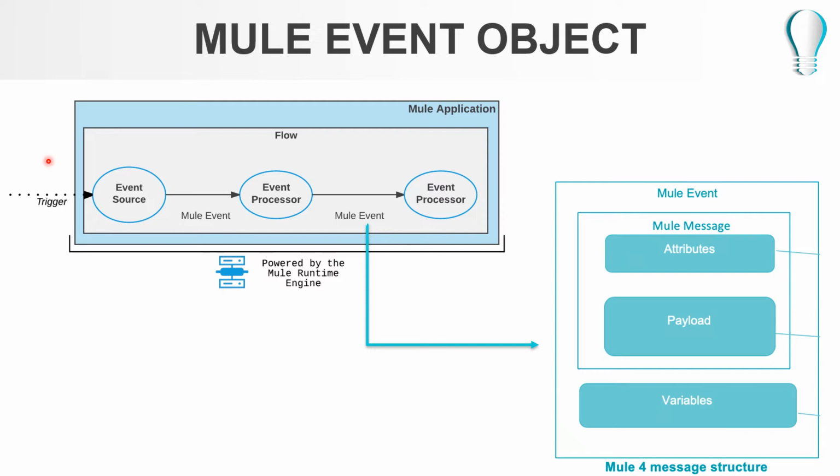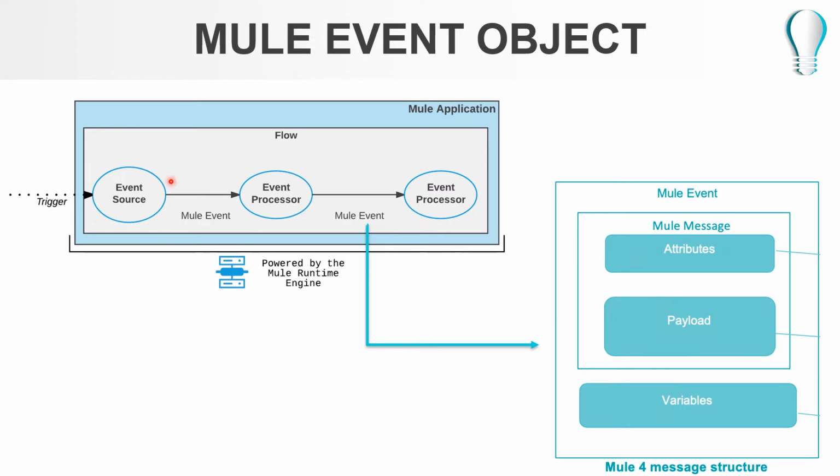Any of these act as a trigger. Their job is just to start your flow. So when your event source receives this trigger, it generates one Mule event object. We will see details about the Mule event object in a minute, but when this object is generated, the Mule event travels sequentially through all the components of a flow.